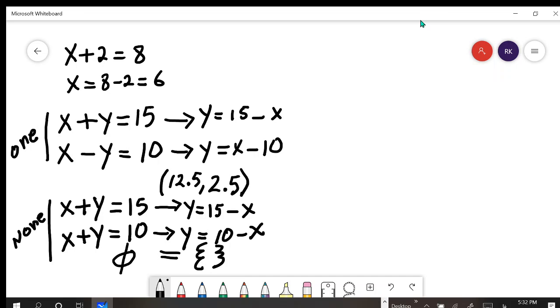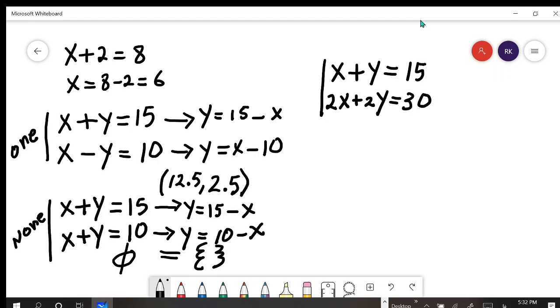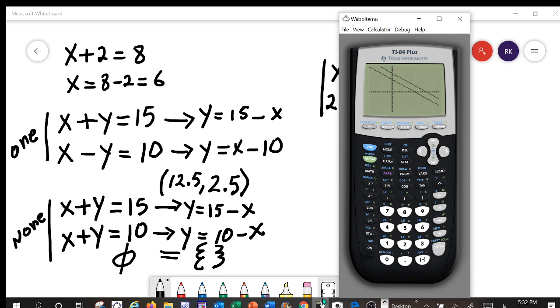Now, what if we change the problem to something like this? Let's say two numbers that add up to 15, and if you multiply one of them by 2 and the other one by 2 and add them, you get 30. Well, now, if you try to solve this, what are we going to get?